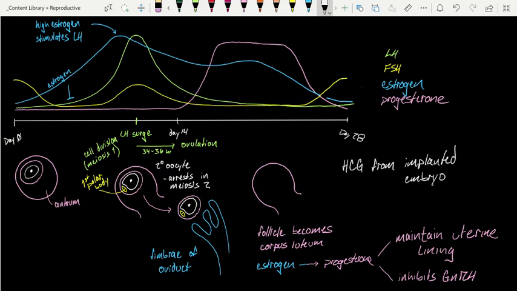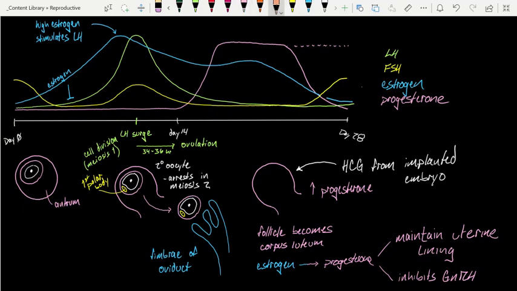And that HCG really just has one purpose: to signal the corpus luteum to tell it, hey, we need progesterone. This maintains progesterone. As such, we would see progesterone continue beyond day 28 rather than falling off. This maintains the GnRH blockade, and ovulation will remain on pause for the next 9 months throughout pregnancy.